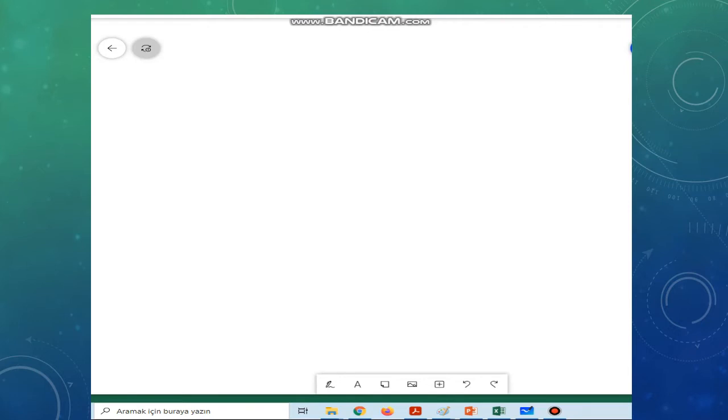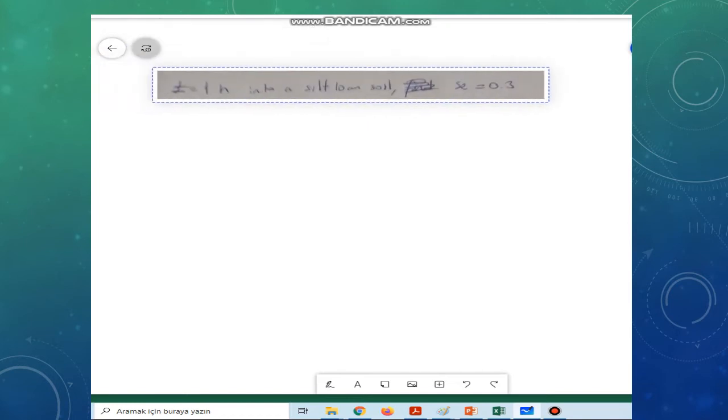Alright, let's start to solve our question. We know that we have 1 hour duration into a silt loam soil, and our effective saturation is 30%, which is denoted by 0.3.